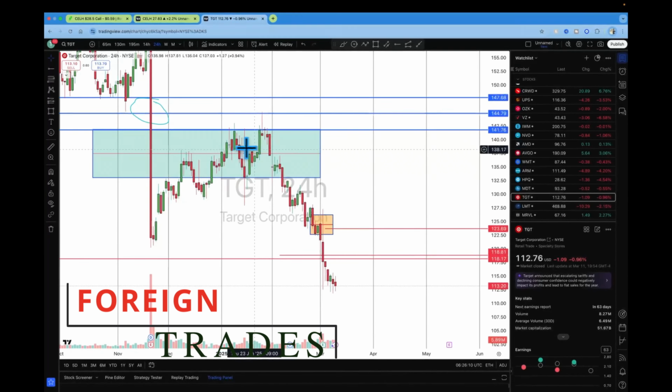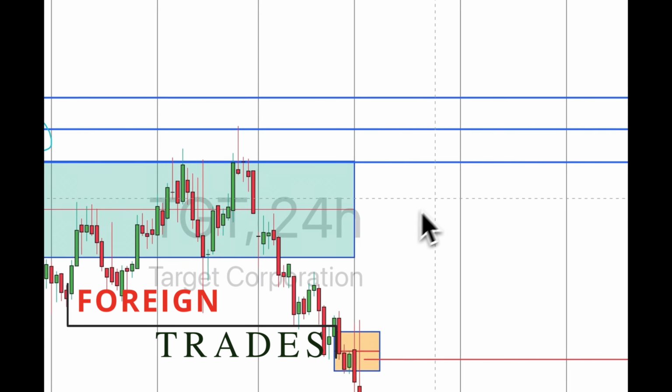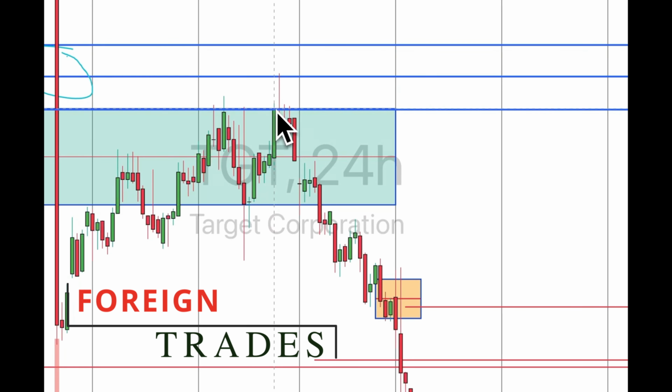Yep, area of consolidation. See, there was a point in time where it wanted to go over that wall, but it did not go over the wall at all. It fell and kept falling and kept falling.